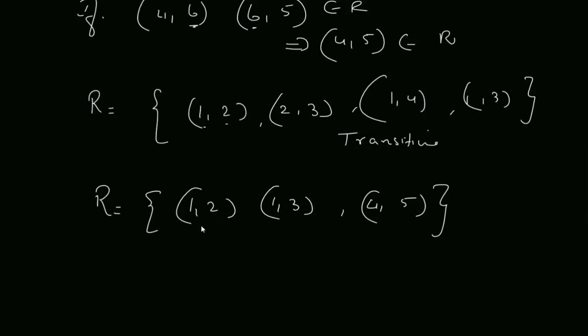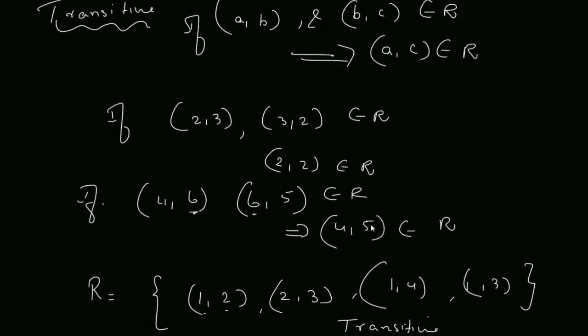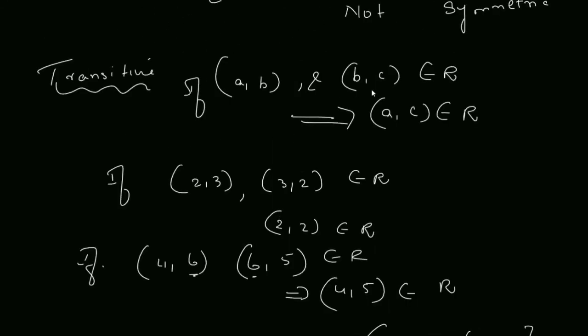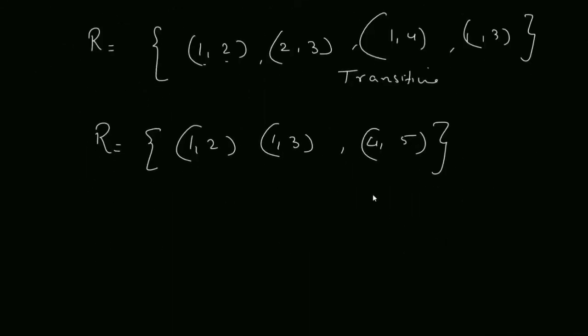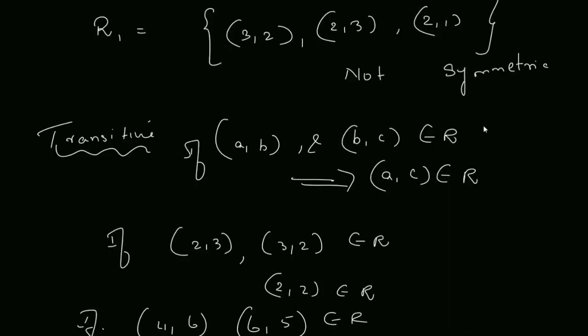No. Just leave this. Take next element, (1, 3). Is there any ordered pair starting with 3? No. Just leave it. (4, 5). Any ordered pair starting with 5? No. So the condition is not there. (a, b), (b, c) is not there. The condition doesn't exist. Even then it is transitive. So that's very important.